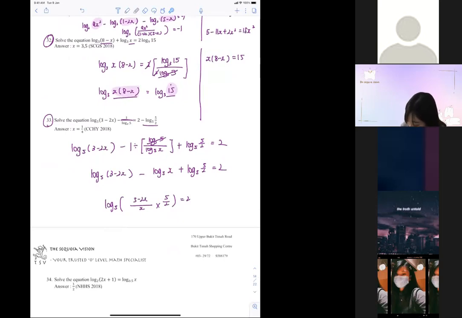Okay, then from here, base can bring over, 5 to the power of 2. So top times top, bottom times bottom. 5 to the power of 2 is 25. Okay, you just have to cross multiply and you can solve.